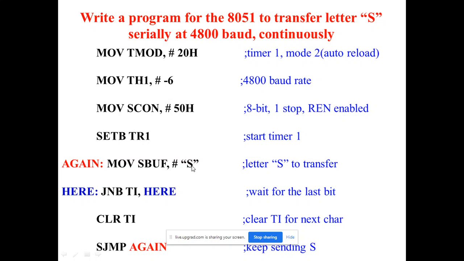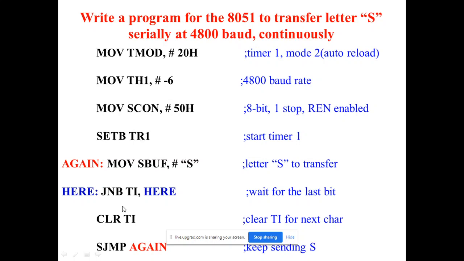No need to calculate the ASCII value; directly write the character in double quotes and automatically the controller will take the ASCII value of S into SBUF. Then SBUF converts that 8-bit data into a packet as per the architecture, and one by one it is transmitted because you already started the timer.